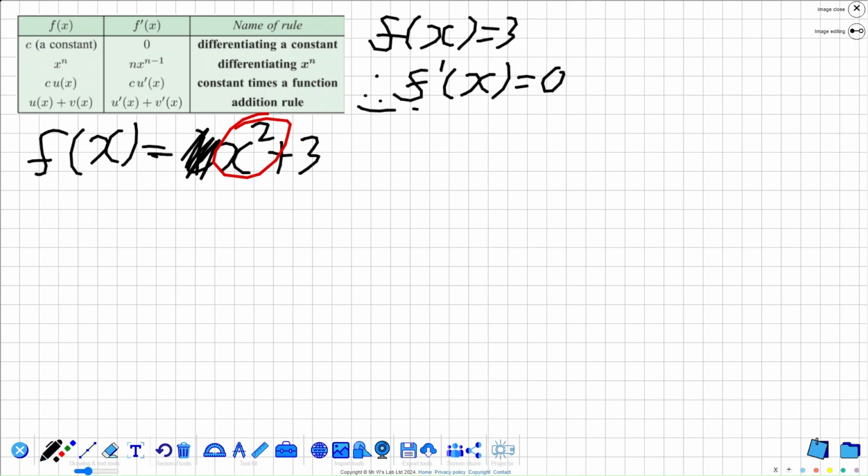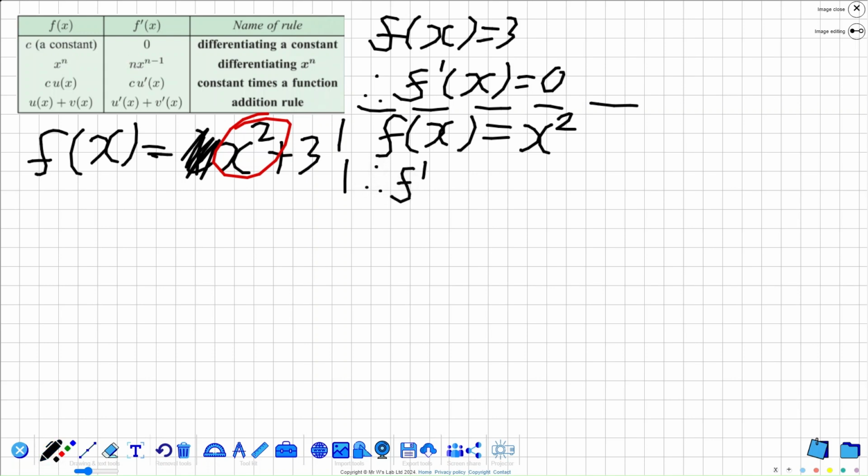So we've got f of x equals x squared, and what it tells us is that the power, which in this scenario is 2, will be placed in front of the x, and then we'll minus 1 from the power. So f dash x will equal 2x to the power of 1, which just equals 2x.